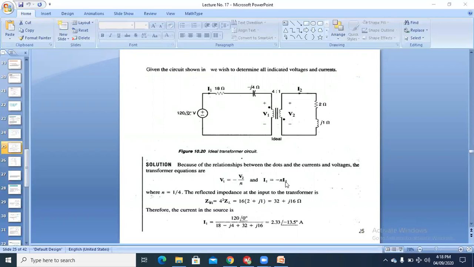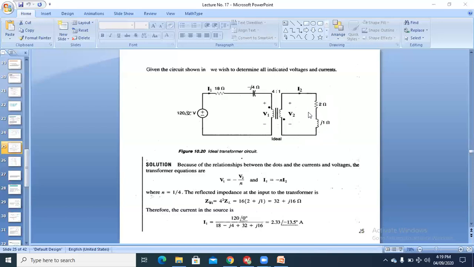Now the turn ratio of this transformer is 4:1. So we can write this N as N2 by N1, so that is 1 by 4. So this load impedance is 2 plus J1, right?